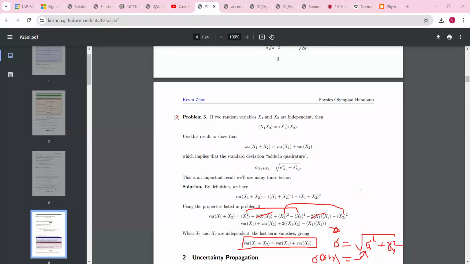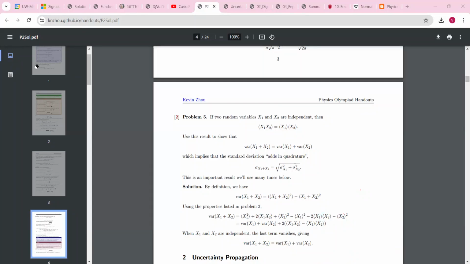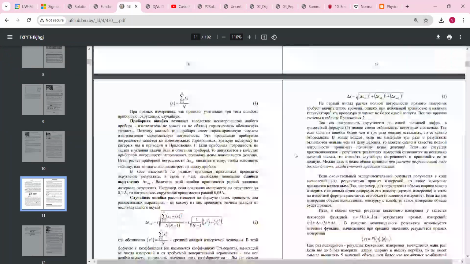That's where it comes from. If you look at other sources, they explain it intuitively or other ways, but the mathematical proof is this. I'm just giving you proof of this so that you know. And this explains why you have that quadrature addition rule when you are adding different errors from different sources.